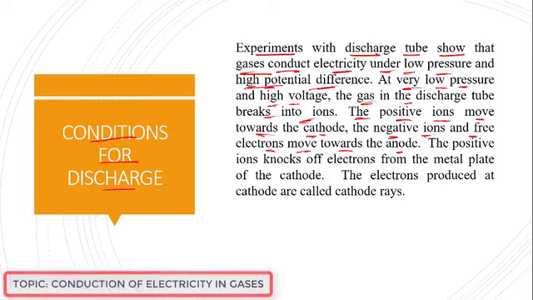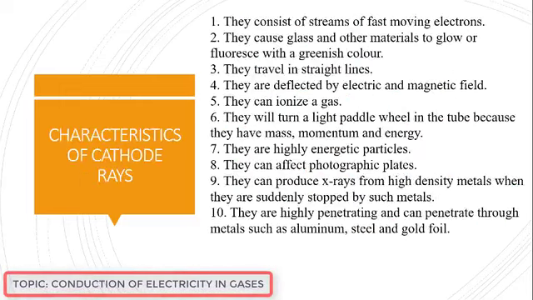And sometimes the polarity could change depending on the specific kind of reaction in progress. So the positive ions are capable of knocking off electrons from the metal plate of the cathode. The electrons that are produced at the cathode are what we call cathode rays.